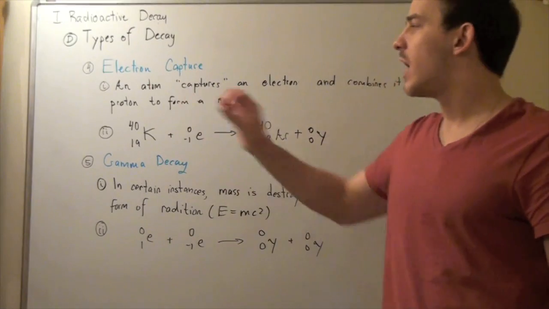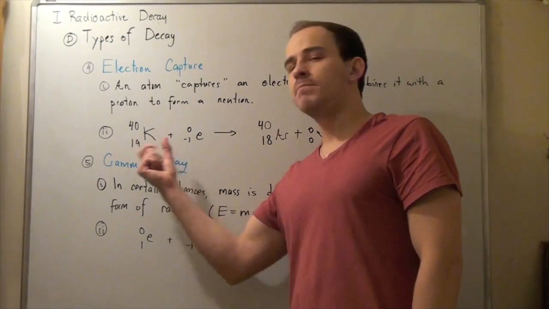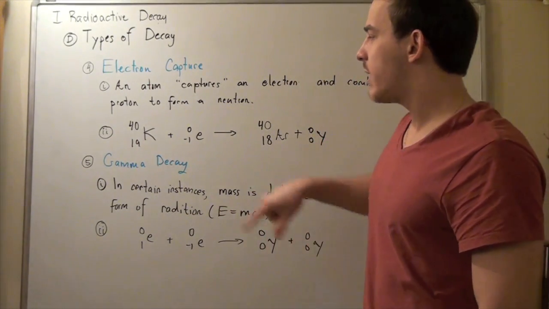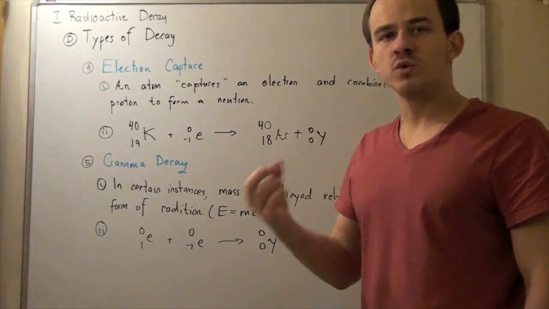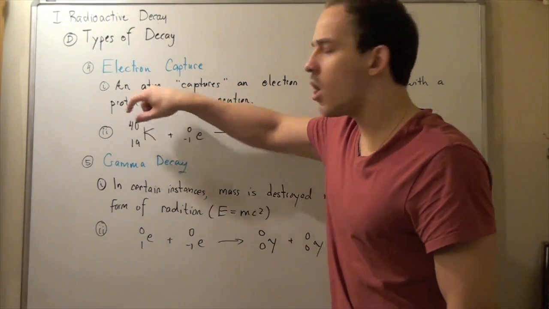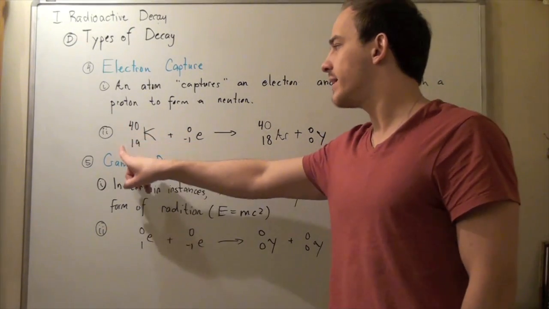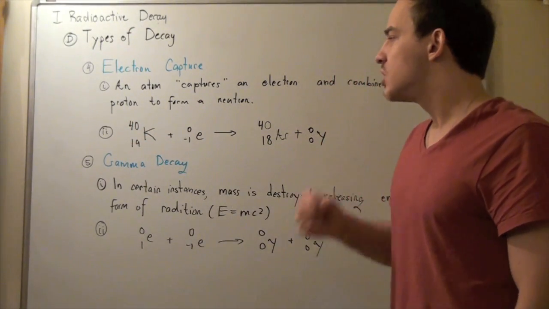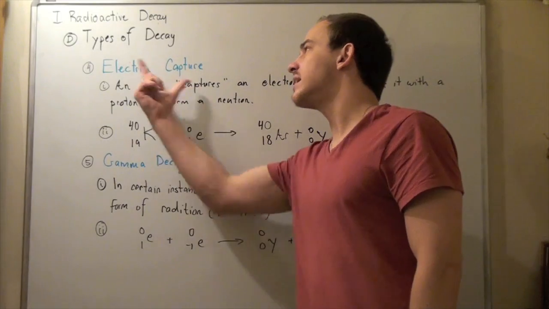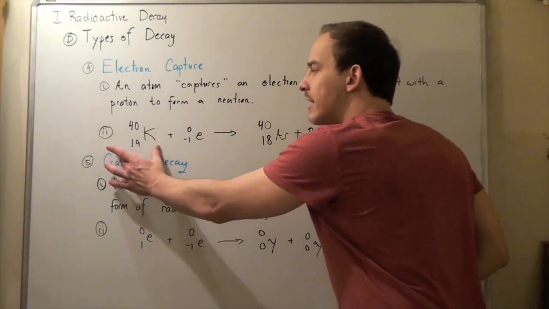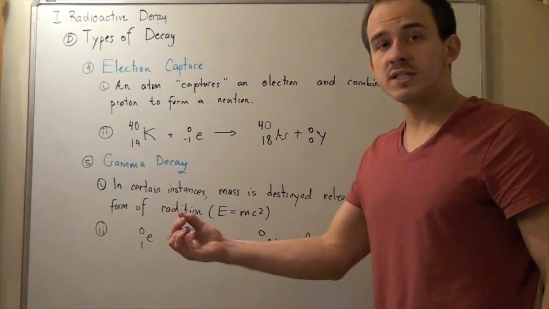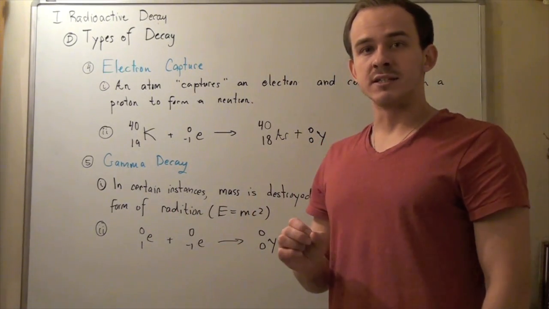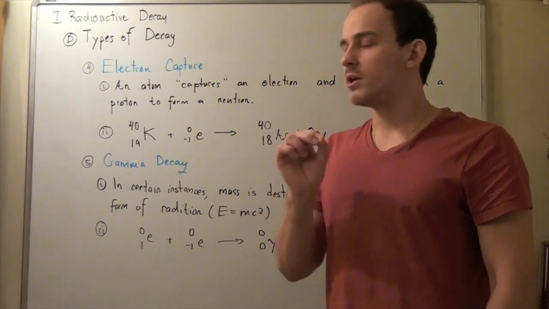So let's look at the following example. Suppose we have a potassium atom represented by the letter K that has 19 protons and 40 nucleons. So it has 21 neutrons because 40 minus 19 is 21. So what will happen in an electron capture is this atom will take in an electron, combine it with a proton, destroy that proton and electron, and instead form a neutron.